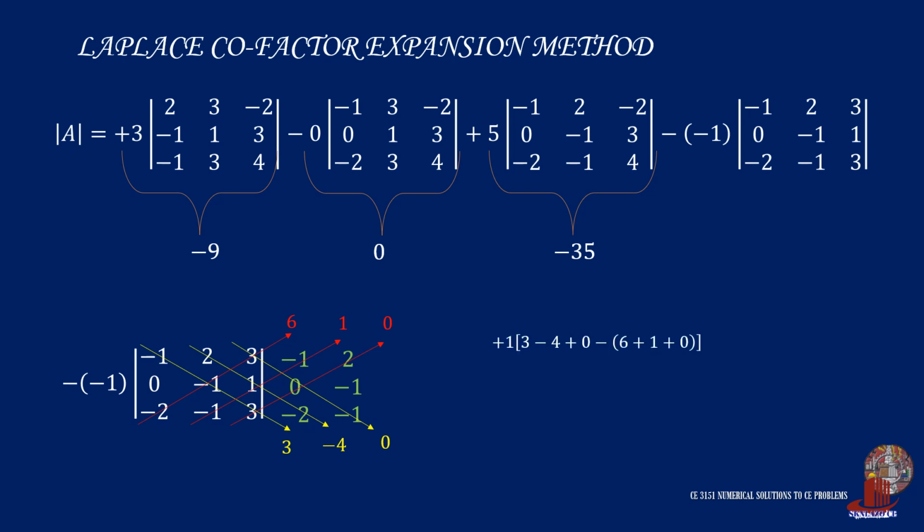Now 3 minus 4 plus 0 minus 6 plus 1 plus 0 becomes negative 8. So the fourth term is negative 8. Determinant A is then simplified as negative 9 plus 0 minus 35 minus 8, which equals negative 52, the same determinant of matrix A as computed earlier.